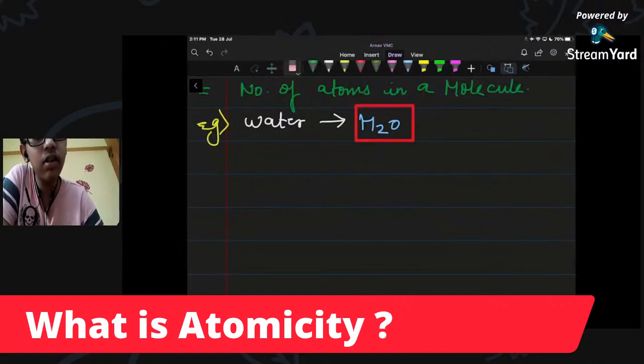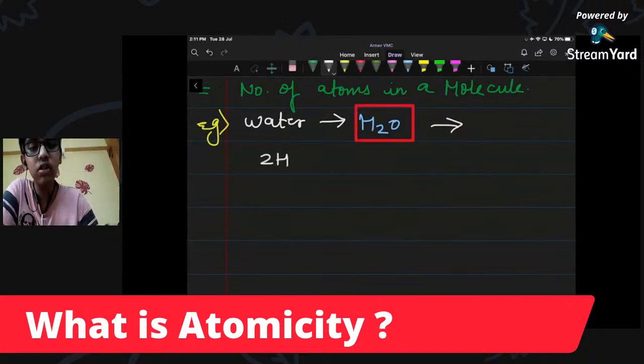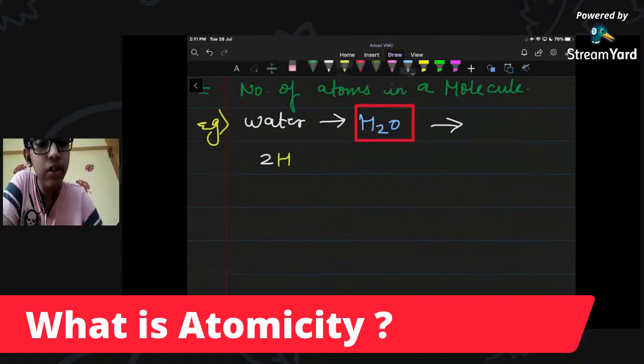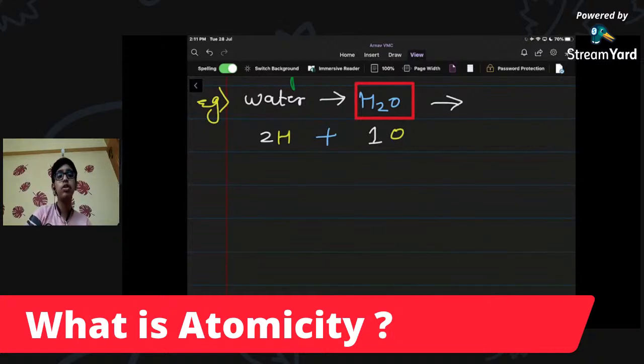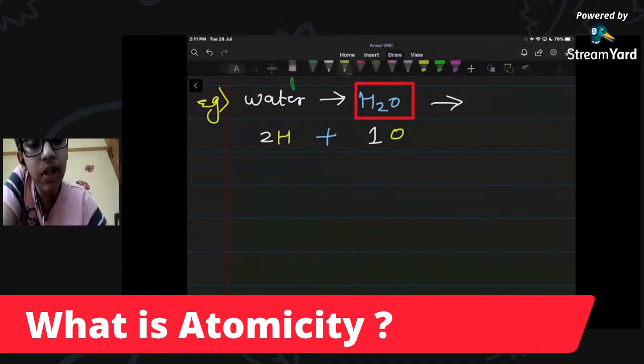I will just show you here. So it's 2H plus 1O. So you will ask what is 2H, what is 1O? It's looking like 10, but please understand.